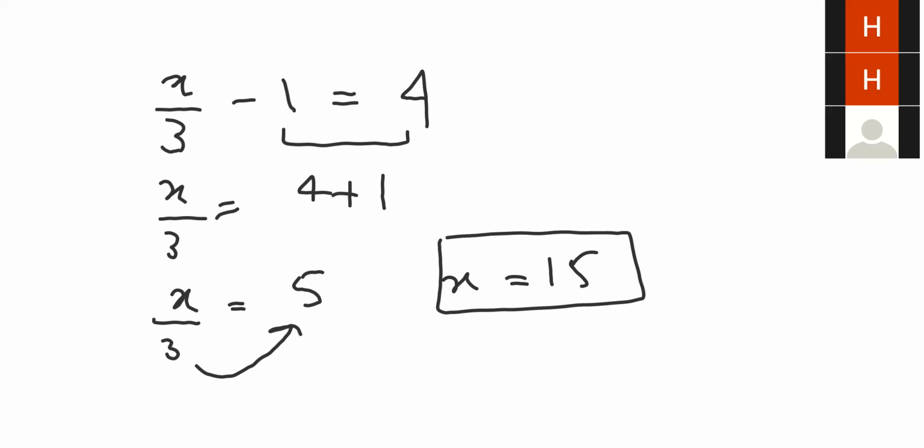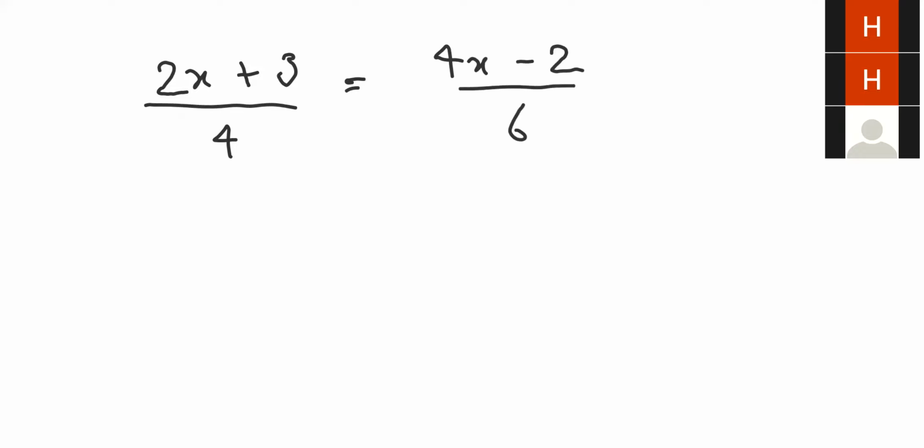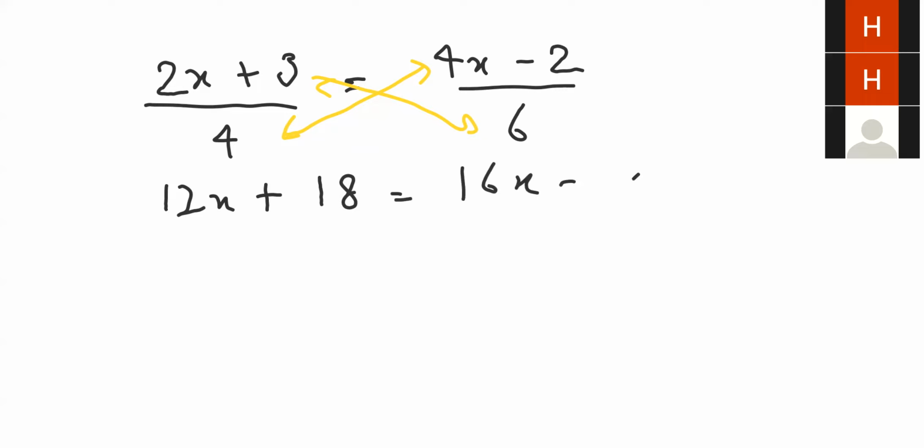Now, another thing that can happen is cross multiplication, which we've been doing before as well. For example, (2x plus 3) over 4 is equal to (4x minus 2) over 6. In cross multiplication, we multiply like this, and we get 12x plus 6 3s are 18 is equal to 4 4s are 16x minus 4 2s are 8.